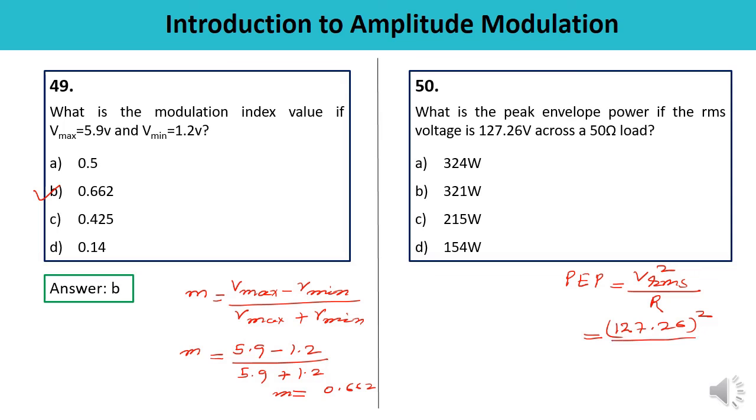So its square upon 50, which is the load resistance. Calculated, you will be getting 324 watt. Search in the options. Answer is A. Correct one.